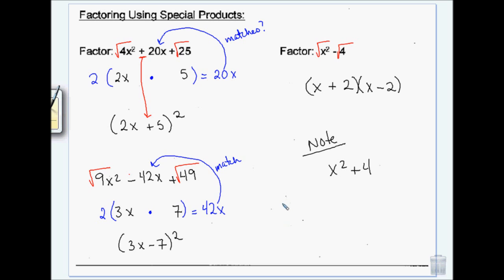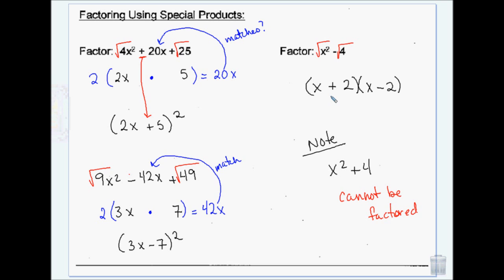Now, can I factor this? Okay. The reason this works with this minus on it is because if I FOIL this back out, I get x squared plus 2x minus 2x minus 4.